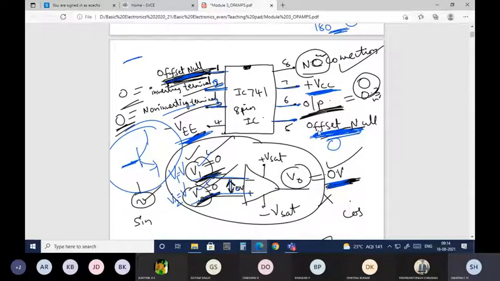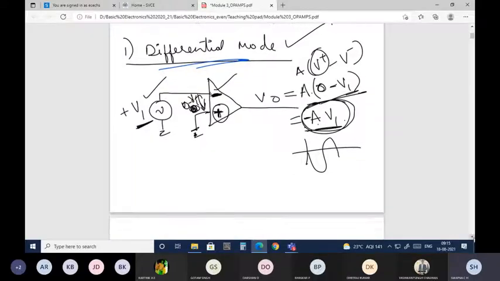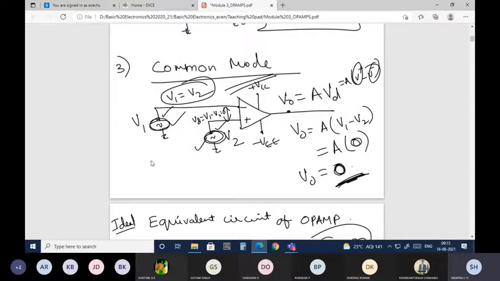So this is the structure, what the different inputs are, and how it is providing the output. Now coming to the differential: we can operate this op-amp in 3 different modes. One is the differential mode, the second one is the double-ended differential mode, and the third one is the common mode.